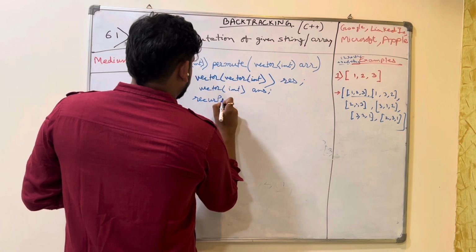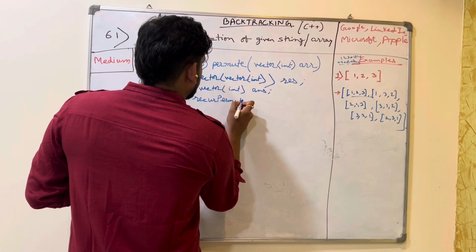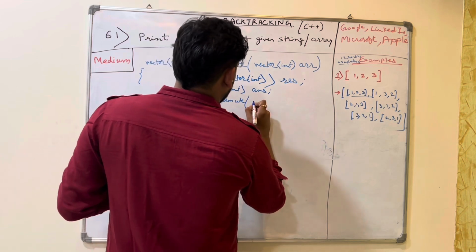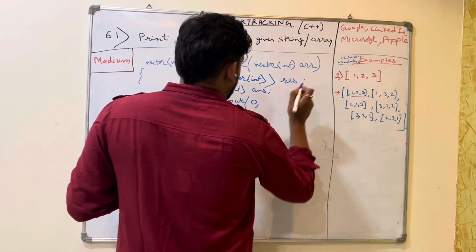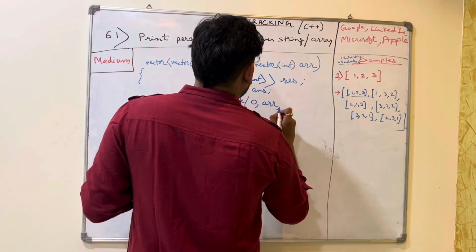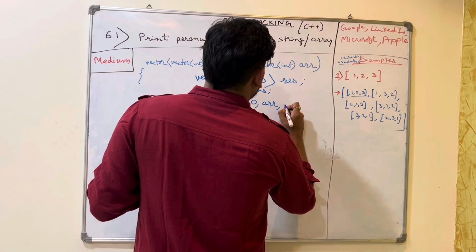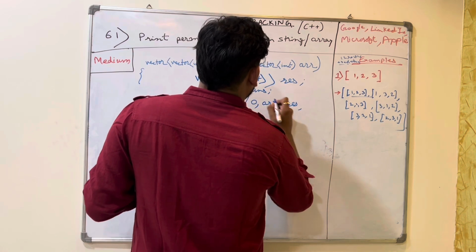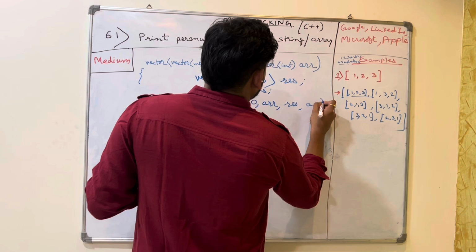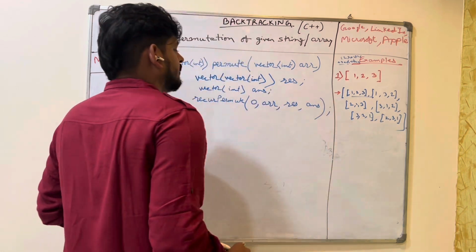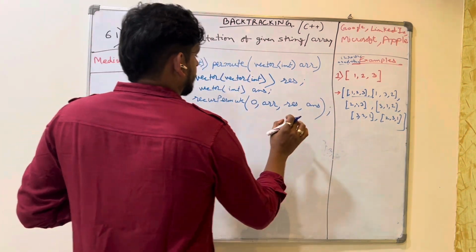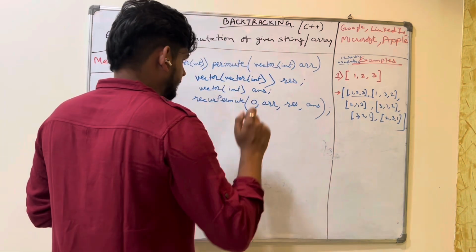recur permute say. Okay, and we pass the index, that is 0, the array itself, the result array, and the answer vector, which will go to the result maybe.